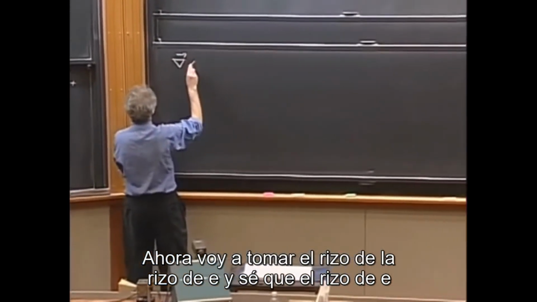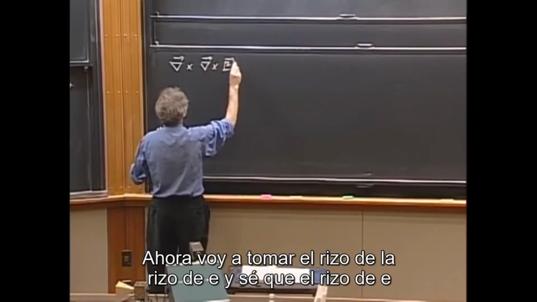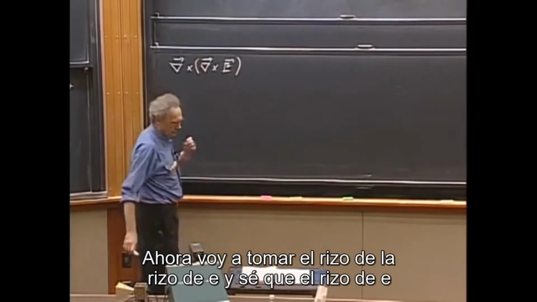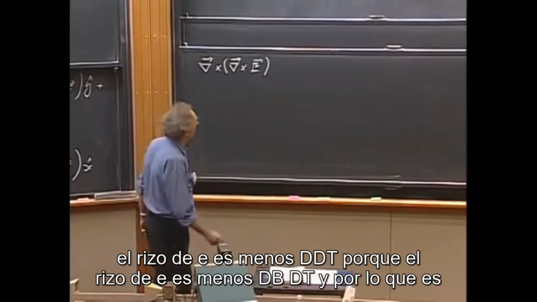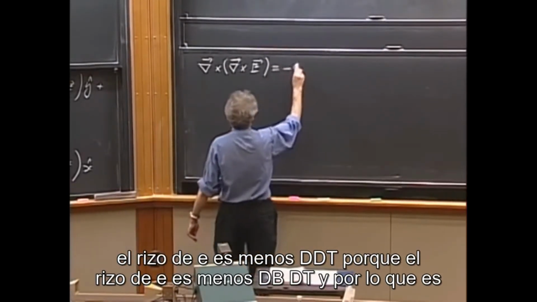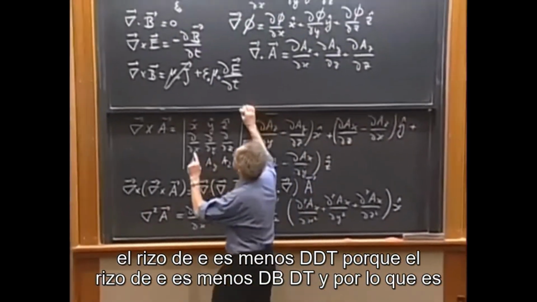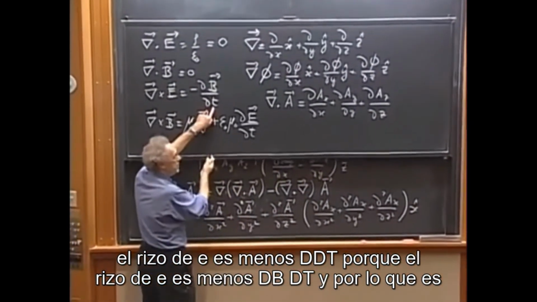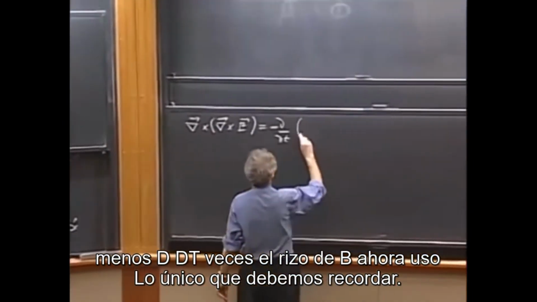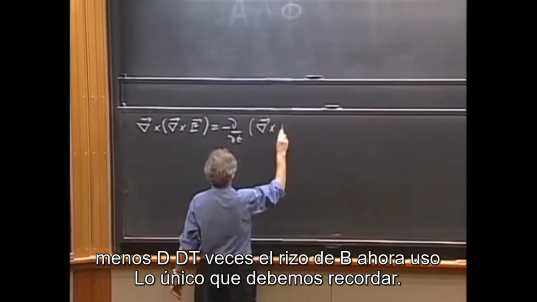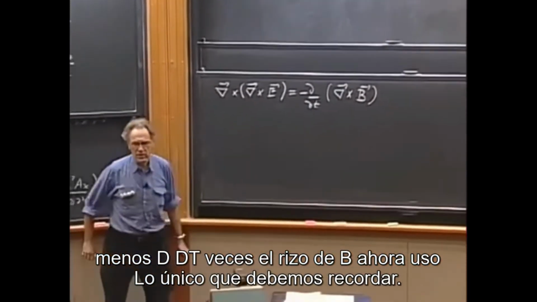So what I'm going to do now, I'm going to take the curl of the curl of E, and I know that the curl of E is minus dB/dt, and so that is minus d/dt times the curl of B.